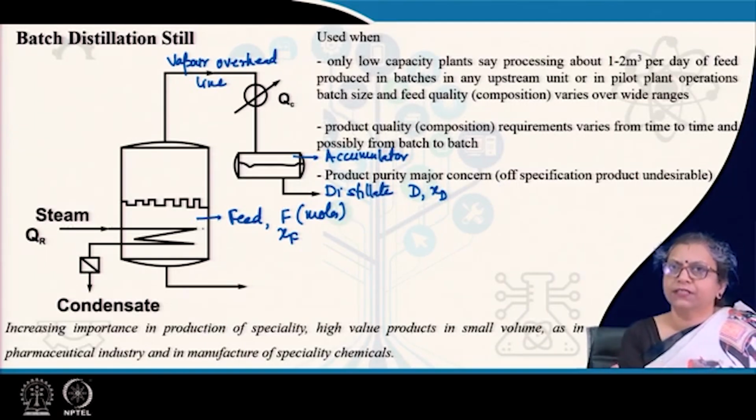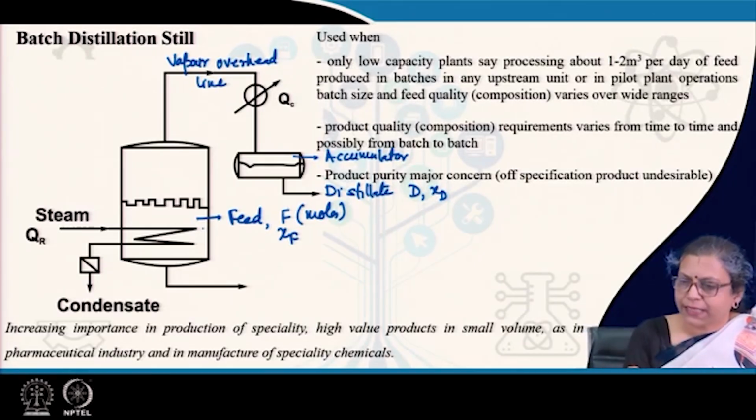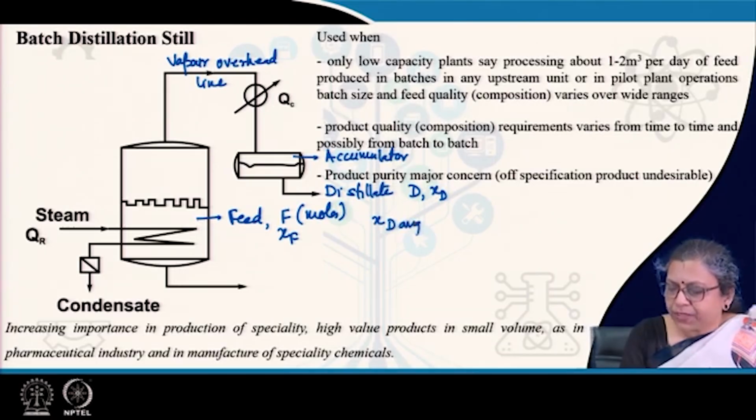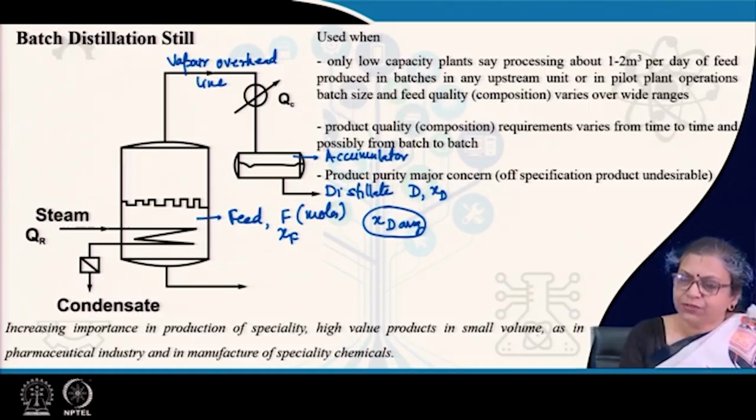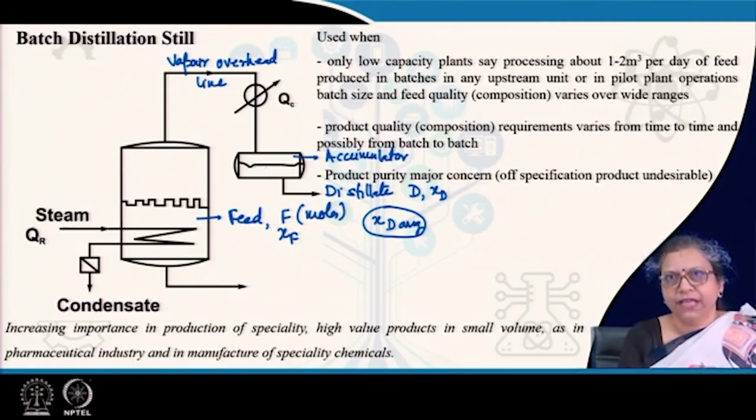We continue the distillation till we get the product specification that has been specified. Suppose a product has been specified that we would like to have some particular distillate composition, which I am denoting as XD average. Initially the vapor that we get is richer in composition as compared to XD average.